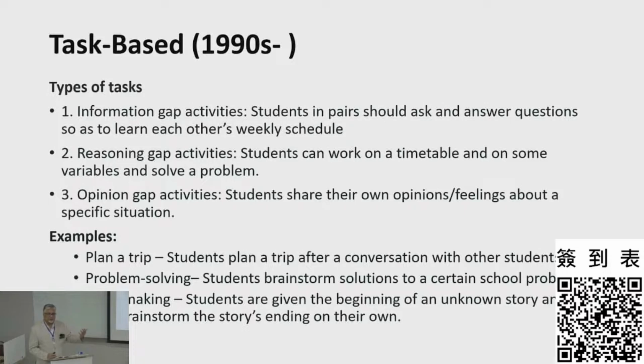You could have a series of tasks around a theme of restaurants, for example, or reading a book or understanding a schedule, but it's one task at a time. You can plan a trip, you can problem solve, you can make a story. These are all different examples that task-based learning does.